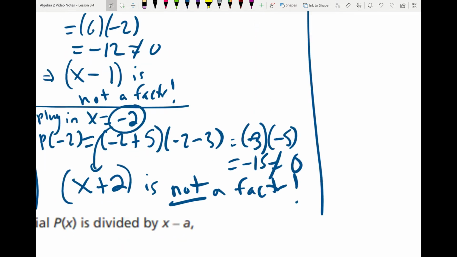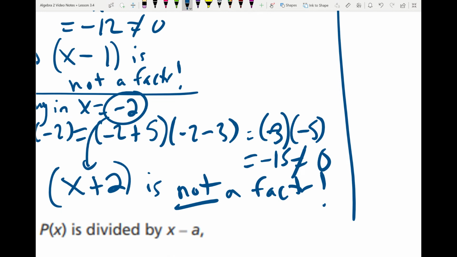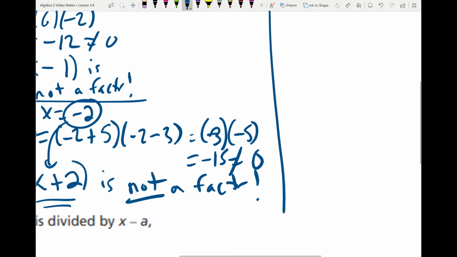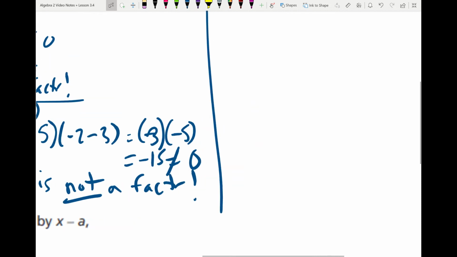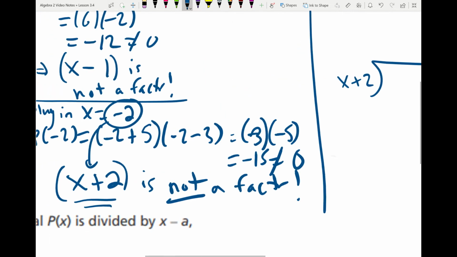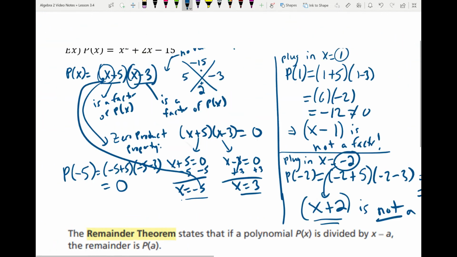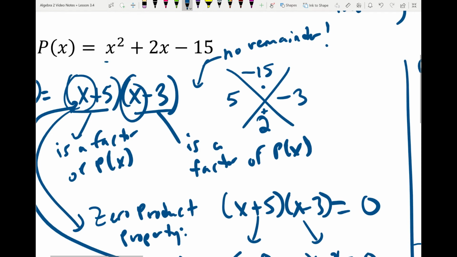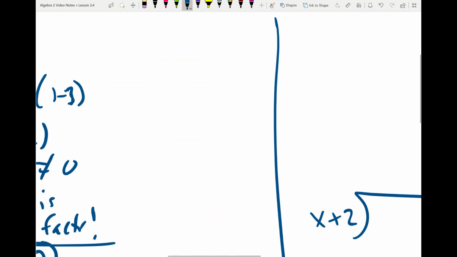So let's look at x plus 2 here, and we'll compare that. So let's do x plus 2 dividing into the original polynomial, x squared plus 2x minus 5.